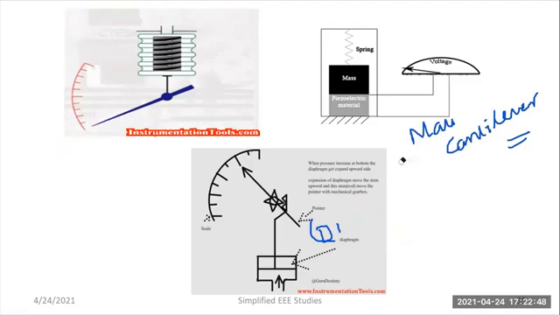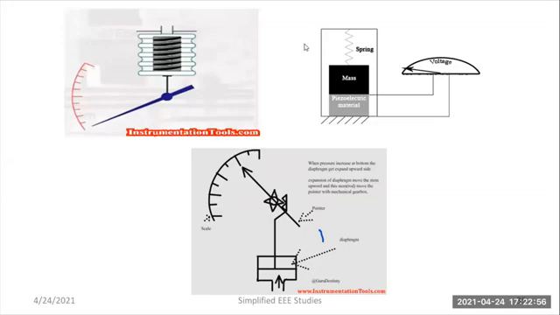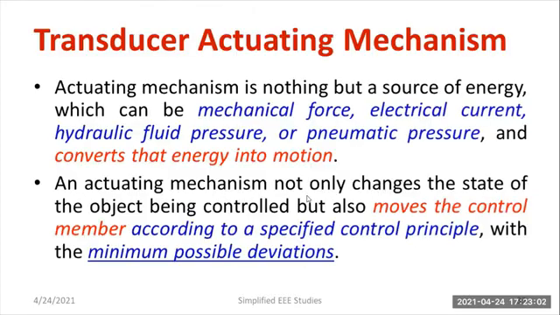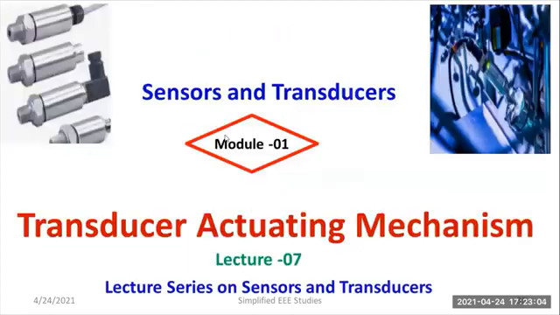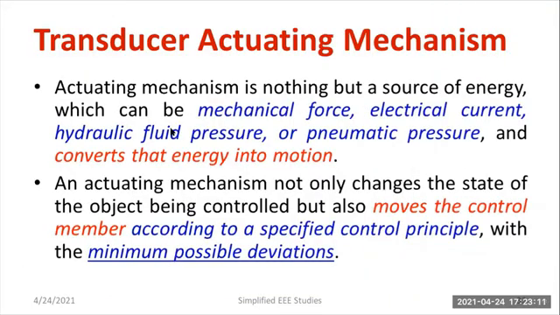In this video, I have mainly focused on what we mean by transducer actuating mechanism. This is one of the important processes involved in transducers. First I explained what is meant by actuating mechanism, using these definitions.